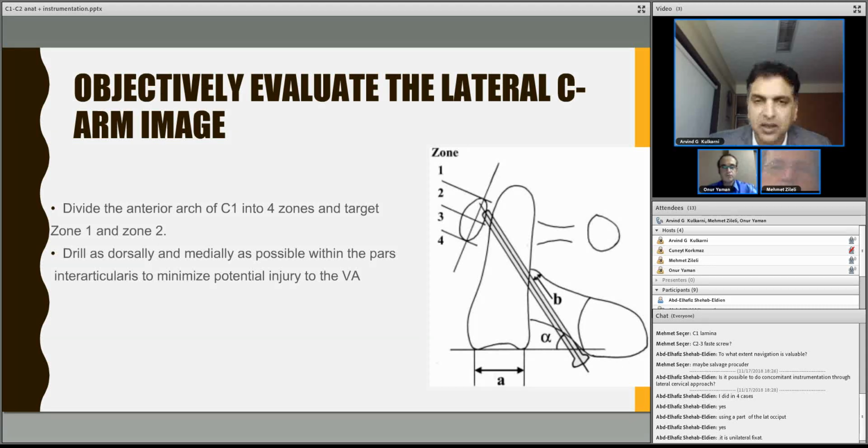And zone 4 is below the C1 anterior arch. In zone 3 and zone 4, if you try to pass your screw angling in this direction, mostly the screw will be anterior to the lateral mass of C1. So it is very important that you aim at zone 1 or zone 2 when you're passing this transarticular screw.